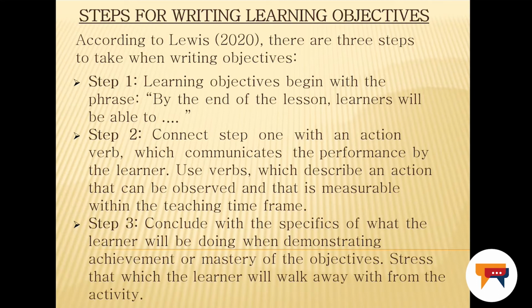Use verbs which describe an action that can be observed and that is measurable within the teaching time frame. Step 3, conclude with the specifics, what the learner will be doing when demonstrating achievement or mastery of the objectives. This stresses that which the learner will walk away with from the lesson activity.